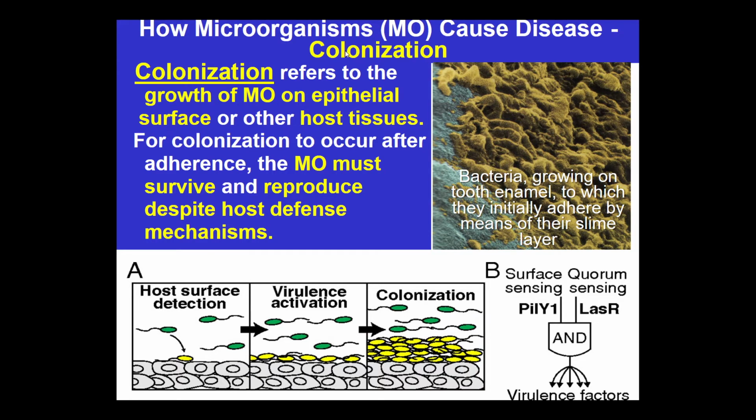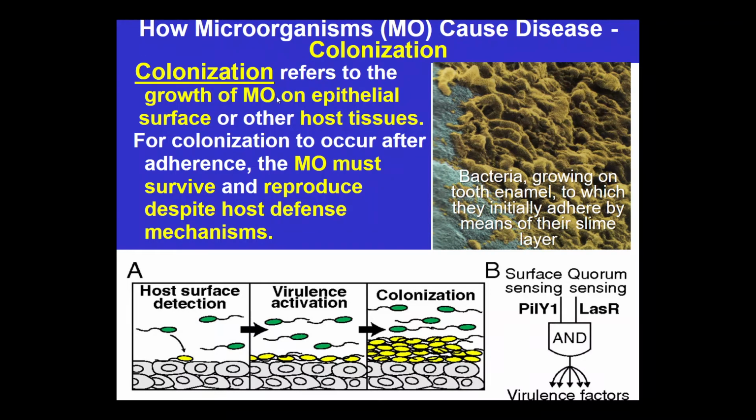Colonization is the second capacity of bacteria that deals with the capacity of causing disease. Colonization refers to the growth of microbes on the epithelial surface or other host tissue.